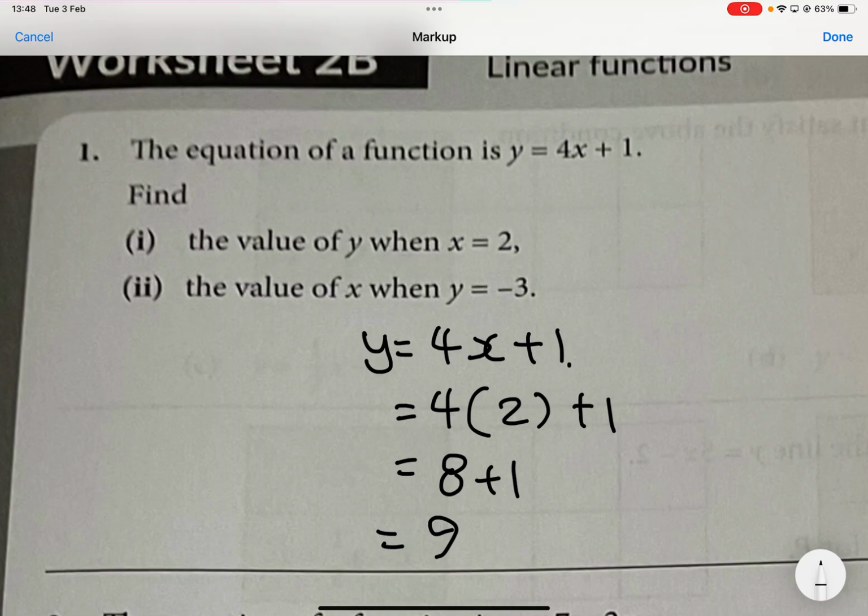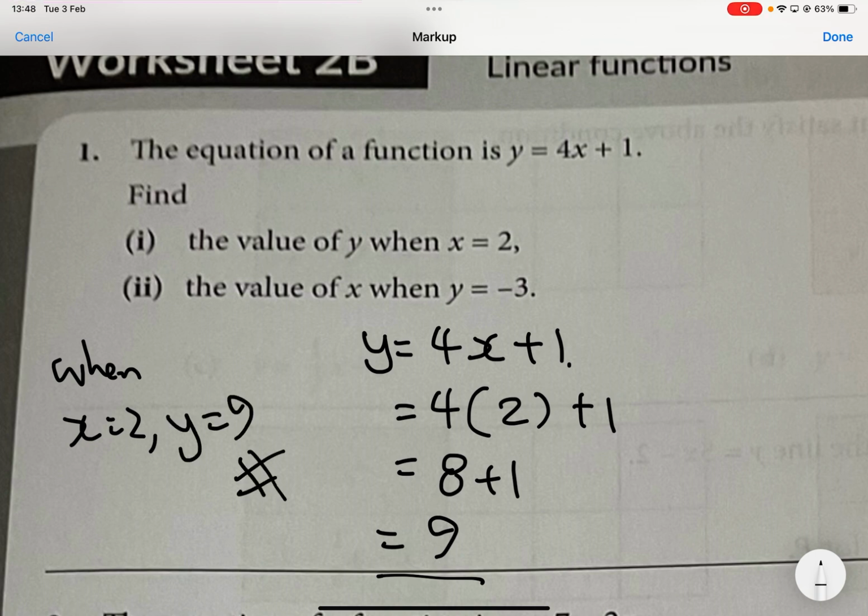So what this means is when x equals to 2, y equals to 9. Because y will always change with different x. So when x equals to 2, y is 9.